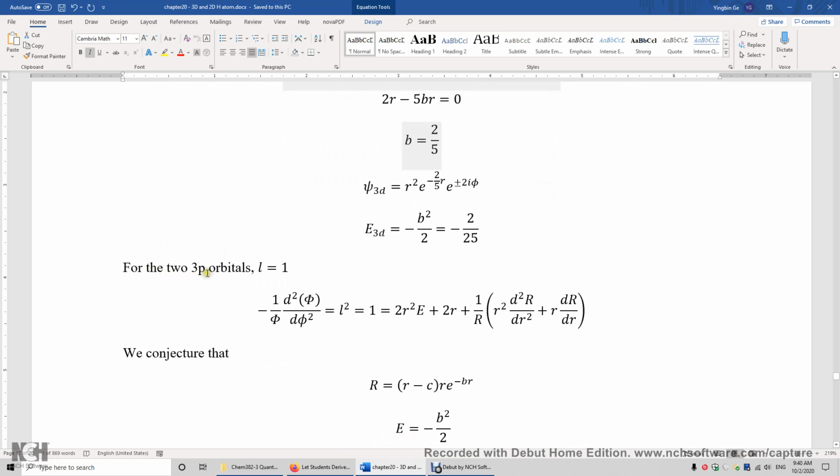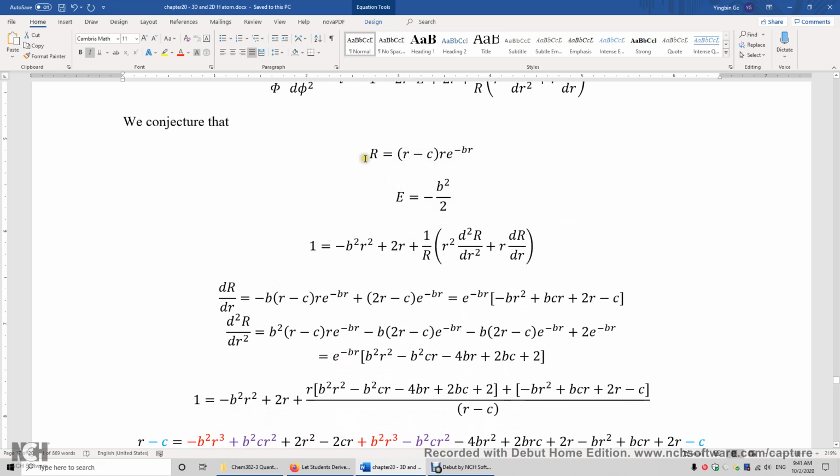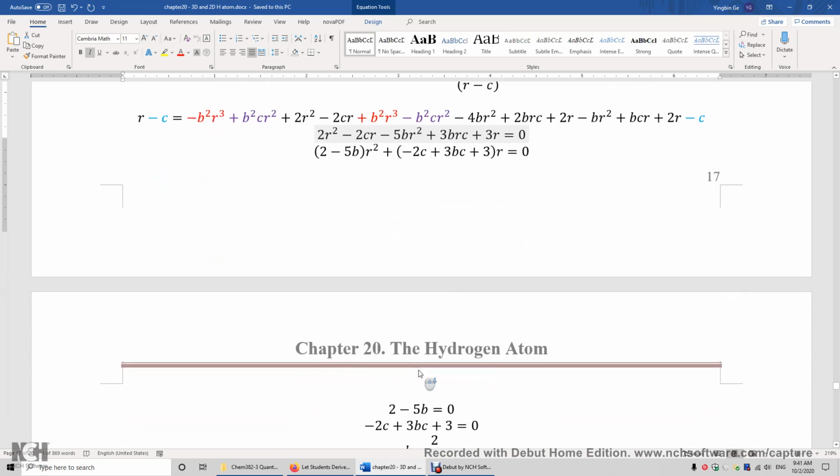For the 3p orbitals, there are only 2 3p orbitals as well. So we can also solve the equation after making the conjecture here, and we can get the energy, and we can solve for the value of B. It looks tedious, but it's just an algebraic equation to solve, so it's not too bad.